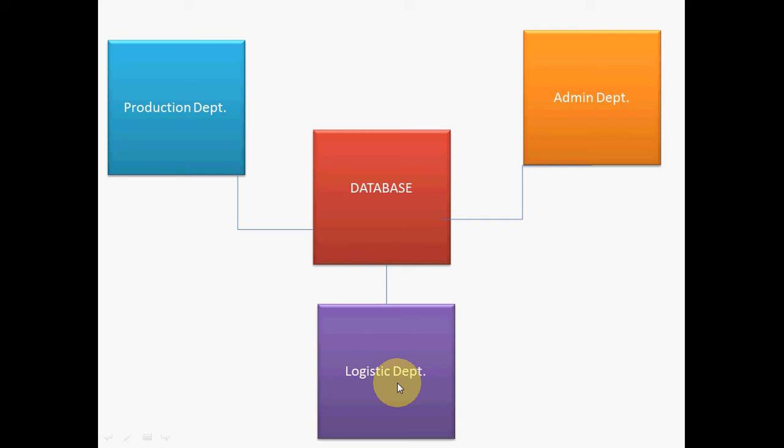This is the simple architecture. No one can touch this database directly. They are using their own files, and they access the data through these files as per their requirements and rules.